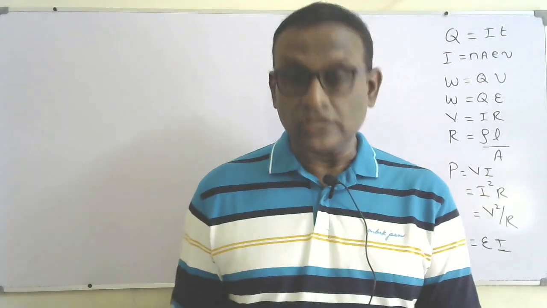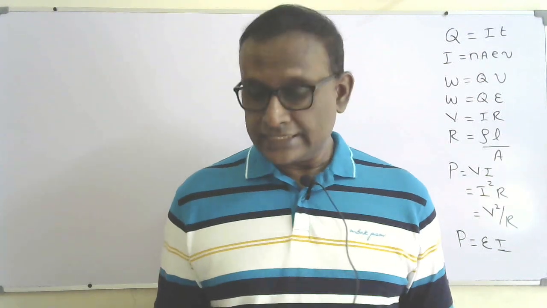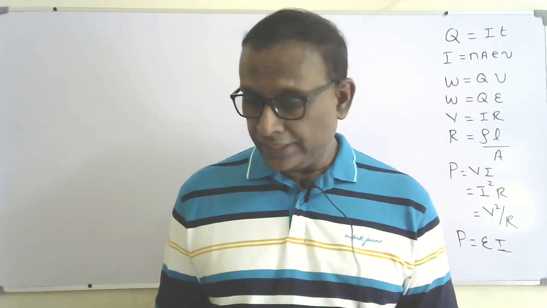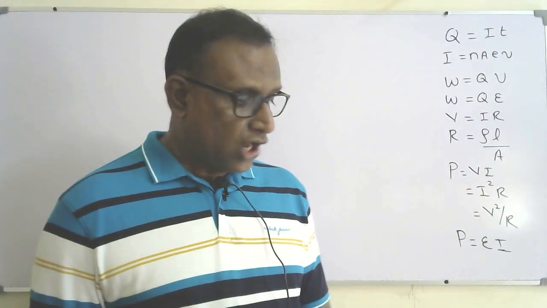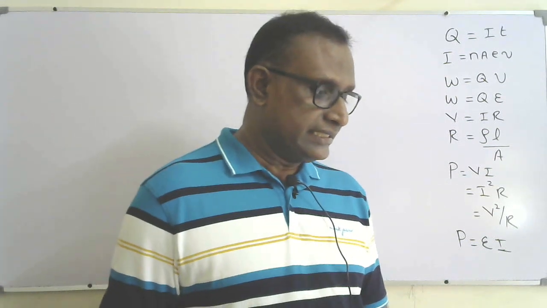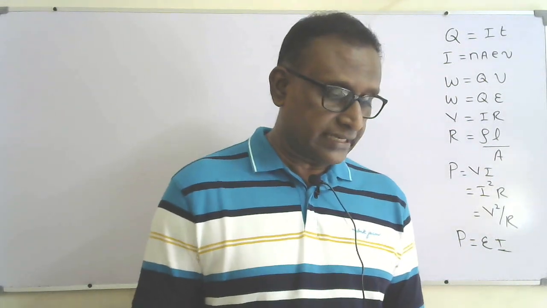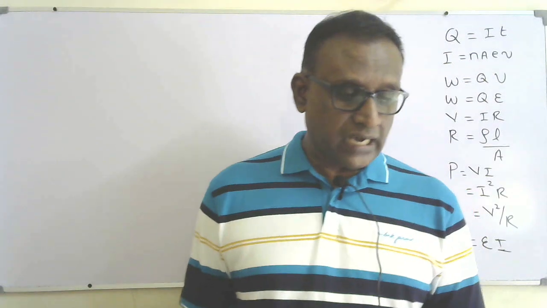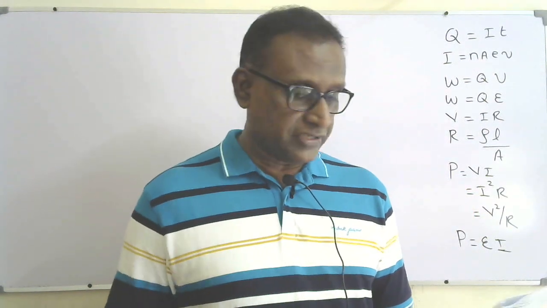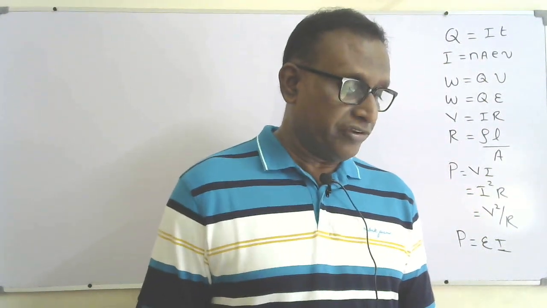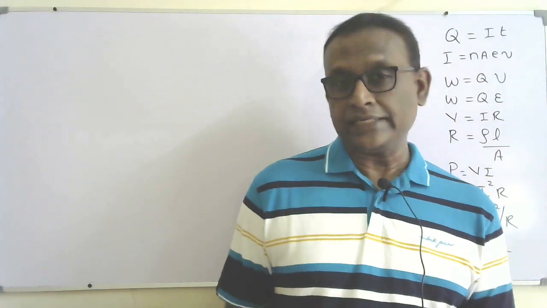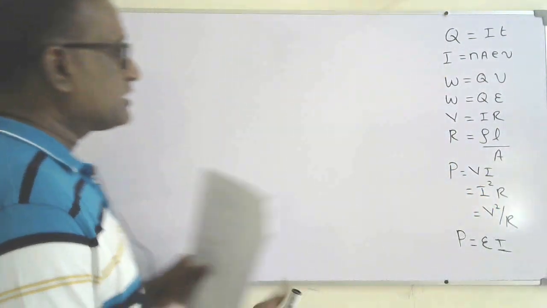Okay, the first question, you can get these questions from the description I uploaded. First question, first part: how many joules of energy does a 9-volt battery supply when a charge of 15 coulomb passes through it?